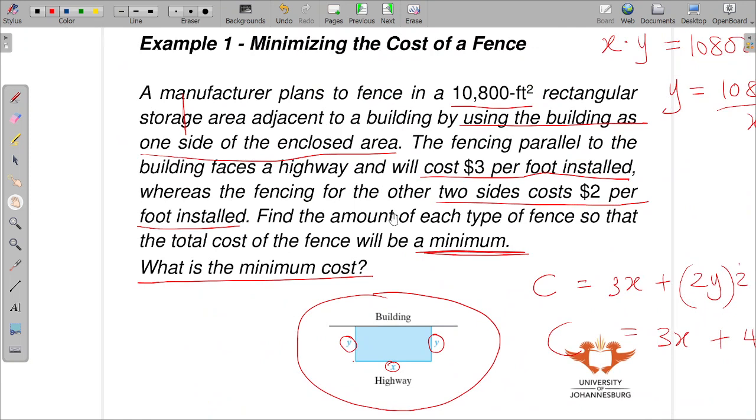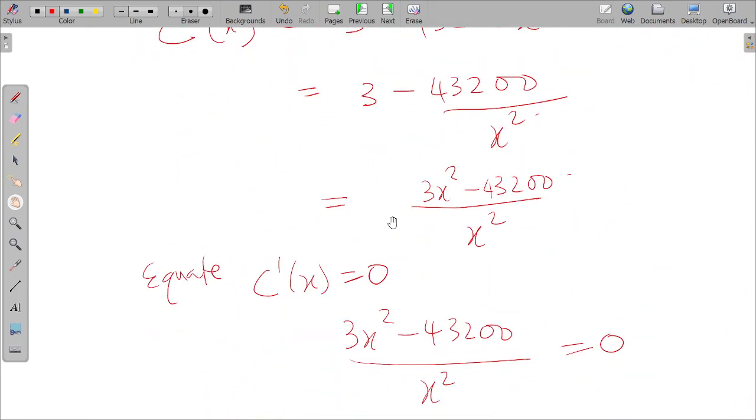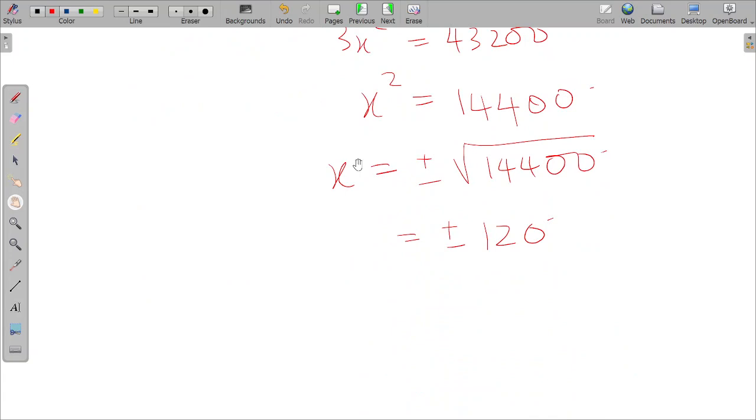Whenever we are dealing with an application, a real life situation, the values of our x and y will not be negative. So we only take the positive part. So x equals 120.